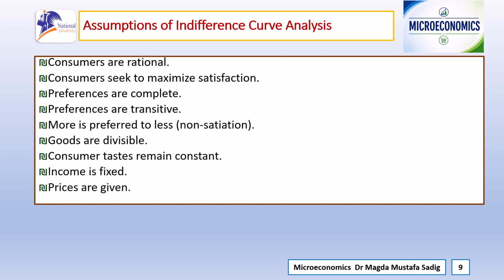And the fourth assumption is that preferences are transitive. This means that if you have three bundles, A, B, and C, and if you prefer A to B and you prefer B to C, this means that you prefer A to C. The fifth assumption is the non-satiation assumption, which can be summarized as more is better than less.